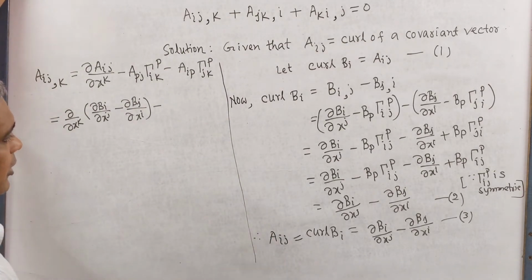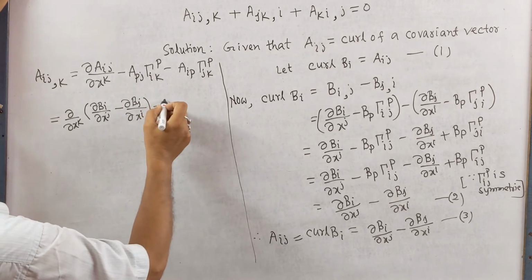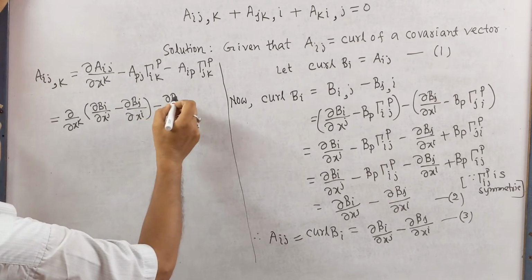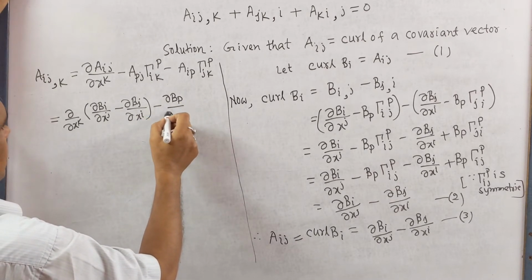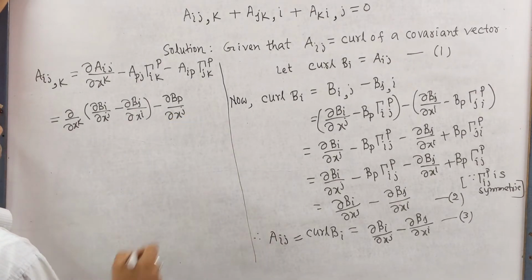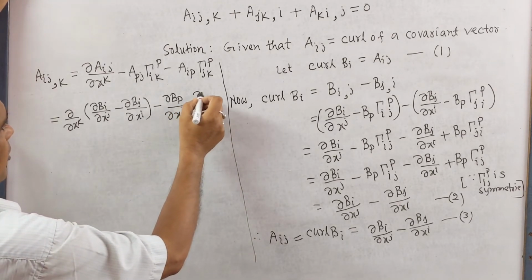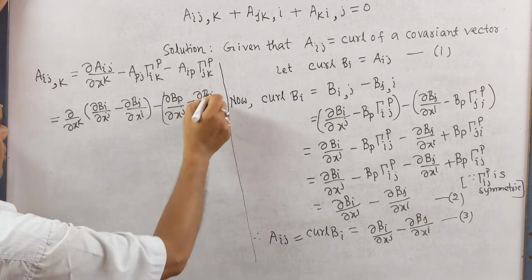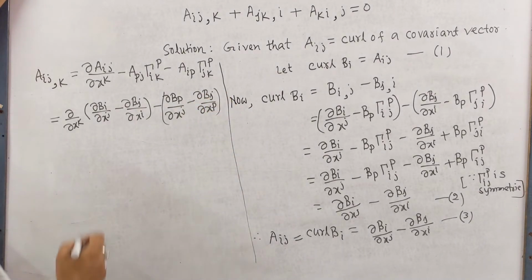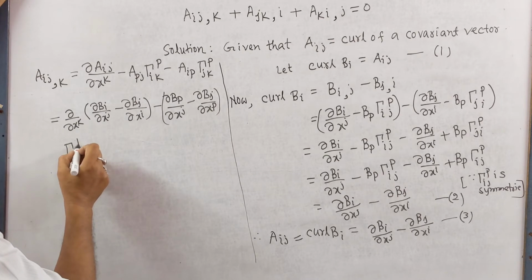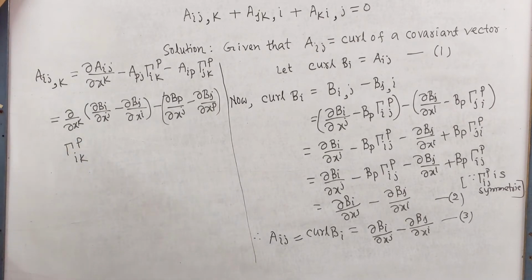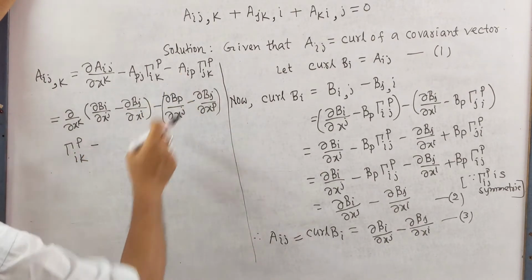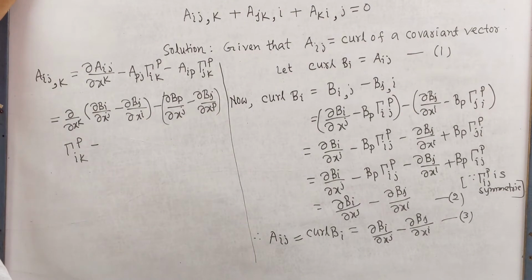In place of i we write p: ∂b_p/∂x_j minus ∂b_j/∂x_p, multiplied by the Christoffel symbol of the second kind {p i k}, minus a_ip.